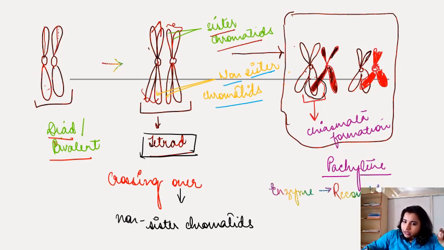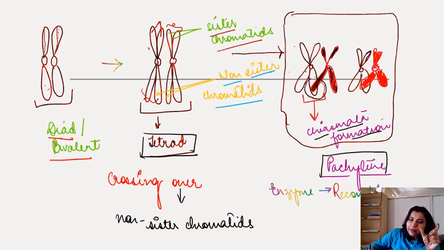The point where the crossing over is taking place, we call the chiasmata formation. Chiasmata is basically the points where the crossing over is taking place, and this crossing over takes place at the pachytene stage of prophase.